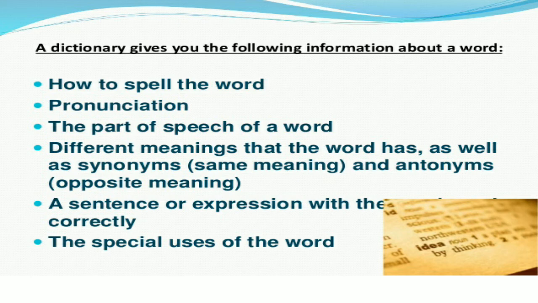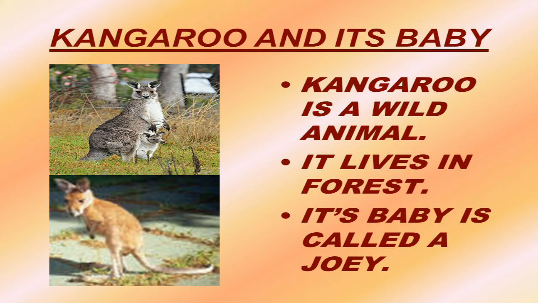Now next slide, it's a kangaroo. A kangaroo and its baby. What is the name of a baby kangaroo? The name of a baby kangaroo is Joy. Here we also have a photograph of Joy.